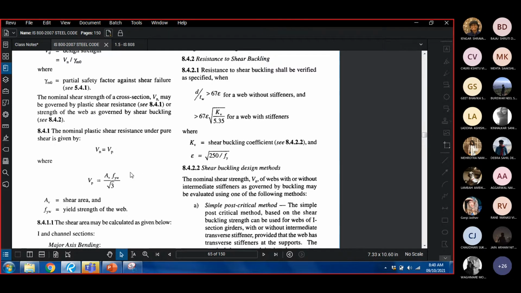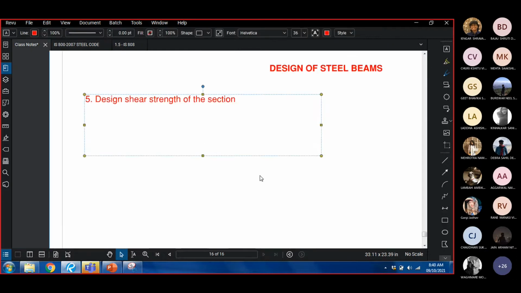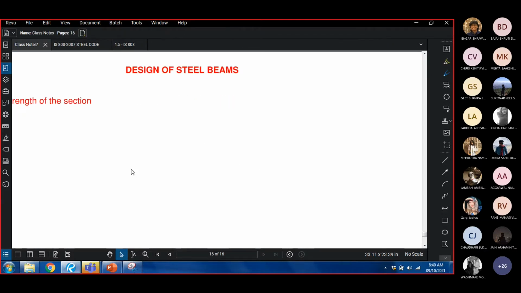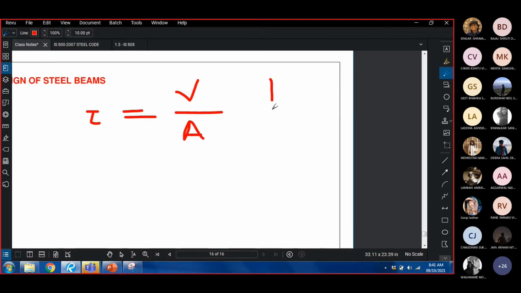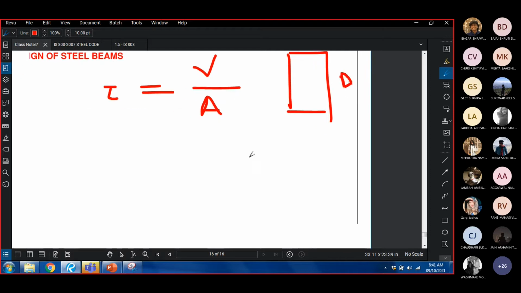Now, this equation is not very complicated. We know what shear stress is. Shear stress is equal to shear force upon whatever is the area that resists shear. So if you have a rectangular section which has a width of say B and a depth of say D, your tau or the shear stress at any section would be V upon B times D. It is as simple as that.